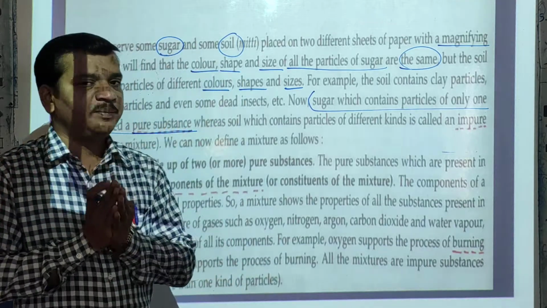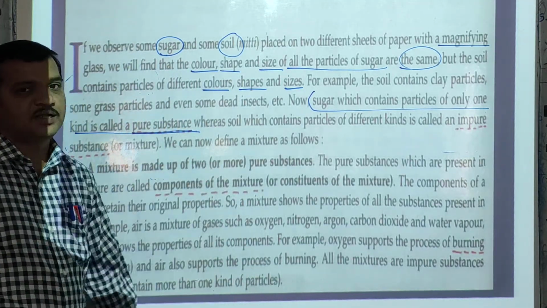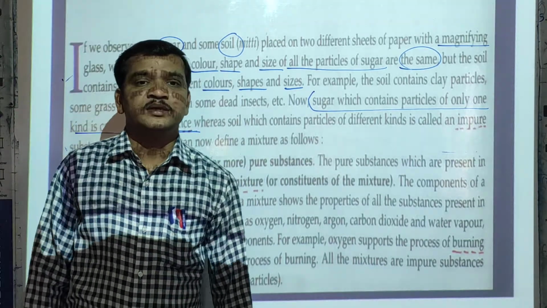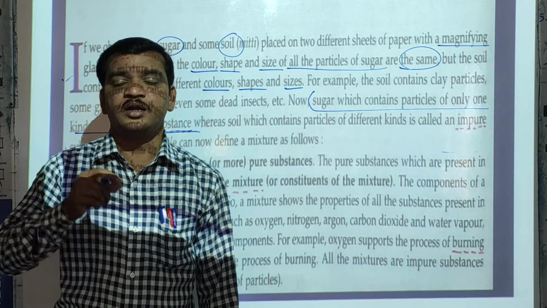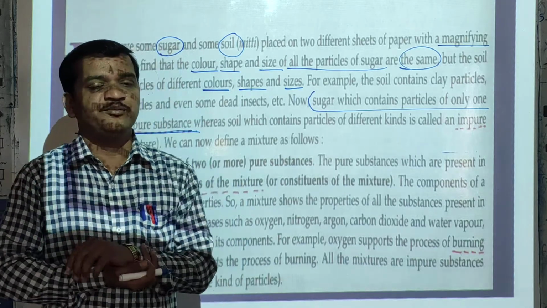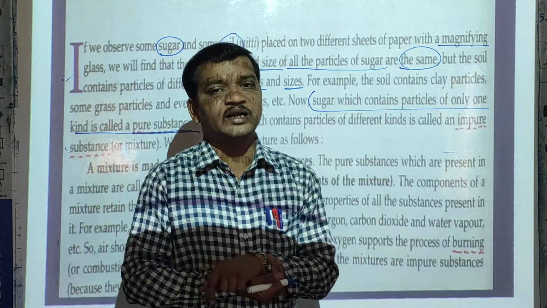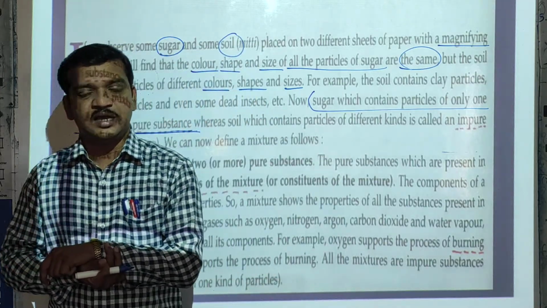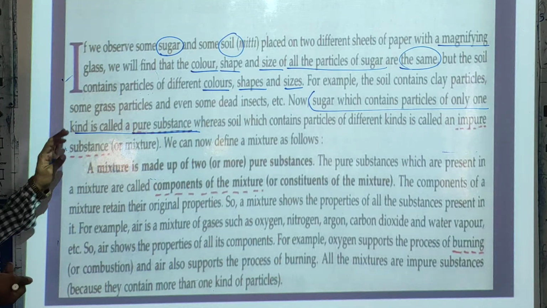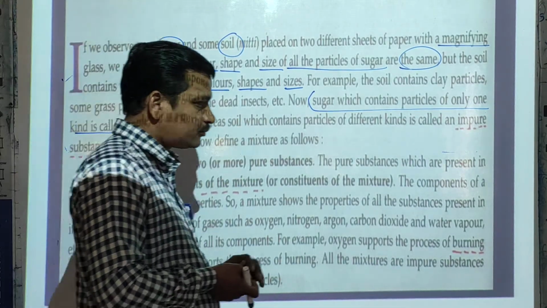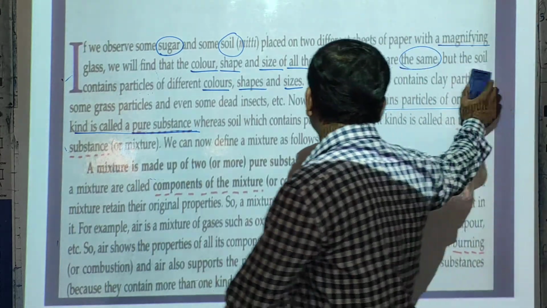Keep in mind the definition of a pure substance: a substance which is made up of the same kind of particles is called a pure substance. An impure substance is a substance which is made up of different kinds of particles. Clear?